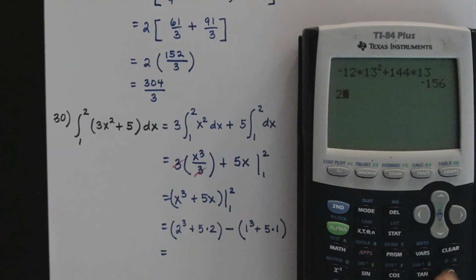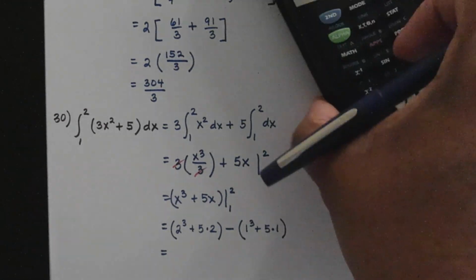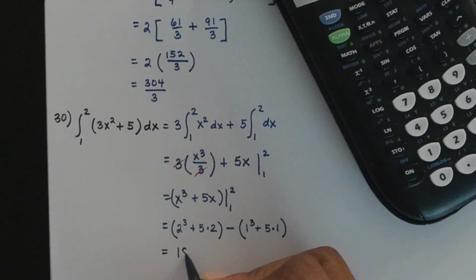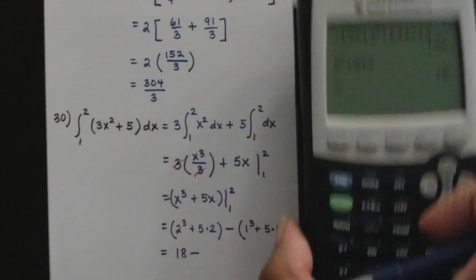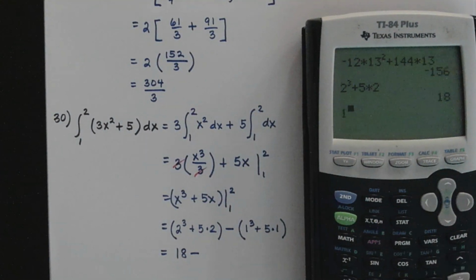So here we're going to have 2 cubed plus 5 times 2. That's 18 for this part, minus what I get for the lower limit. That'd be 1 cubed plus 5 times 1.